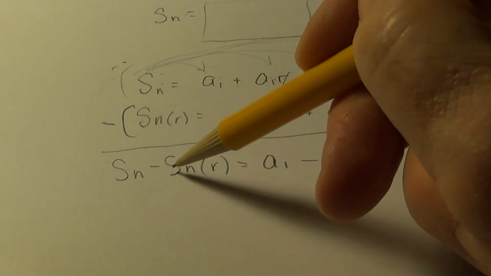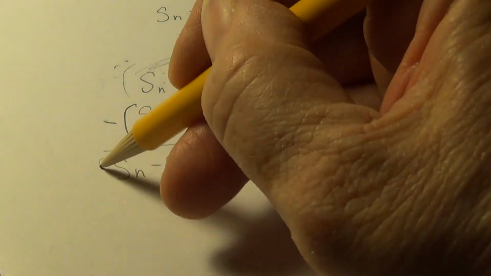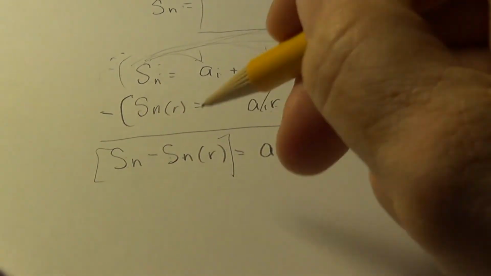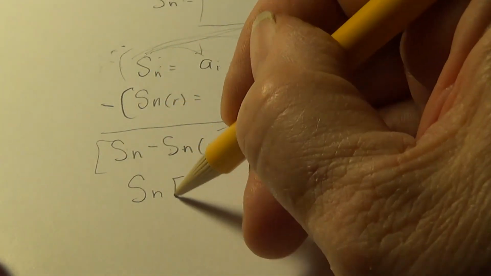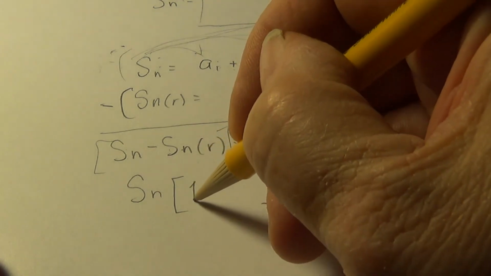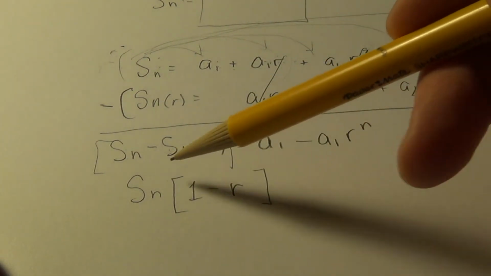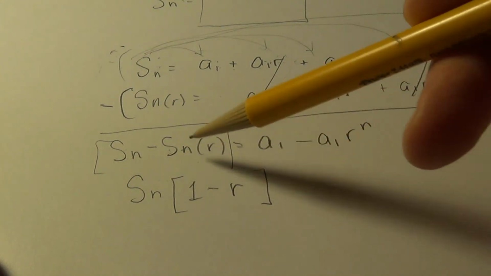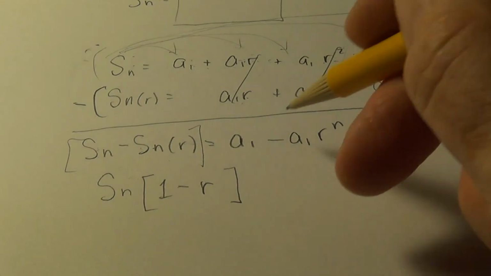I see s sub n in two places. I really want it in one, so I'm going to factor it out of this expression. When I factor it out, it's like removing a common factor. I get a 1 minus r. You can always check that's right by distributing the s sub n and seeing if it gets you back to where you started, which it does.